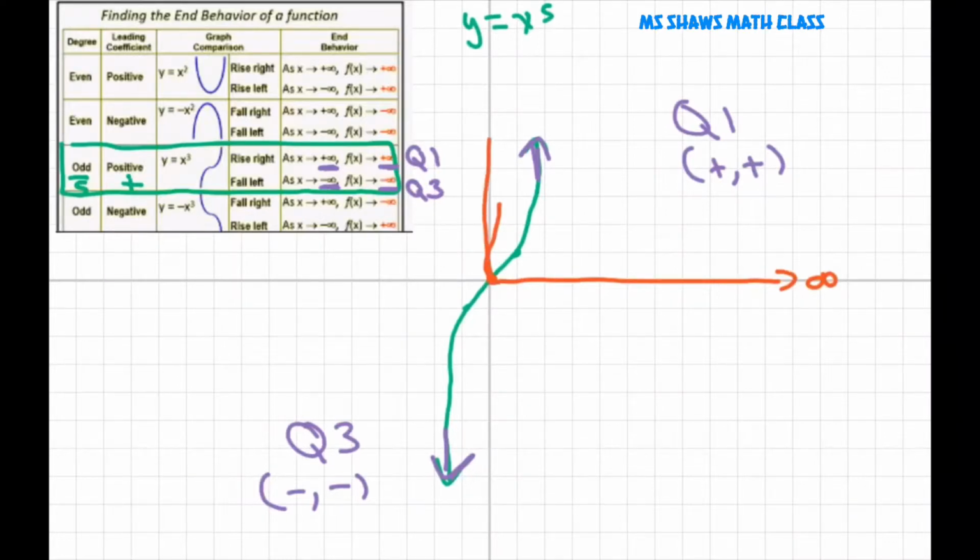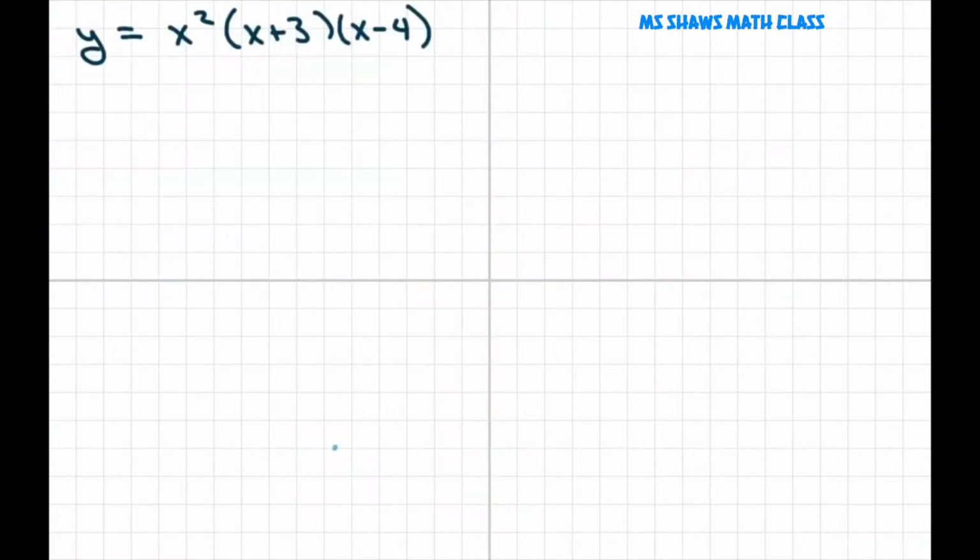That puts this piece right here in quadrant 1. As x gets smaller from 0, so does our y from 0. And that puts us in quadrant 3. So now we know we're going to start here and end somewhere here.